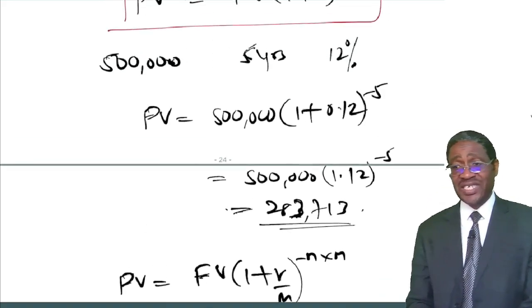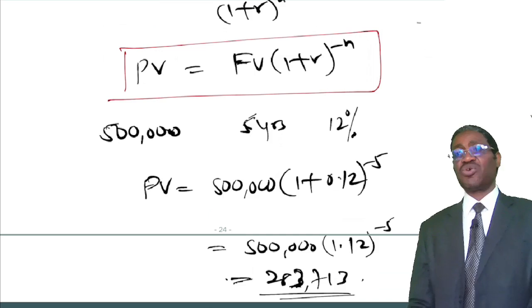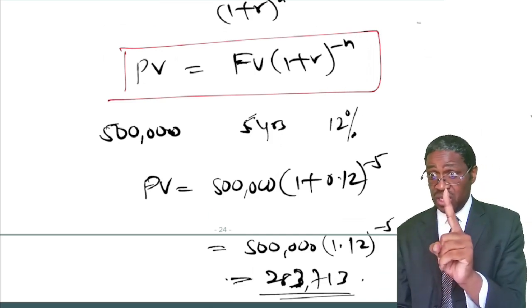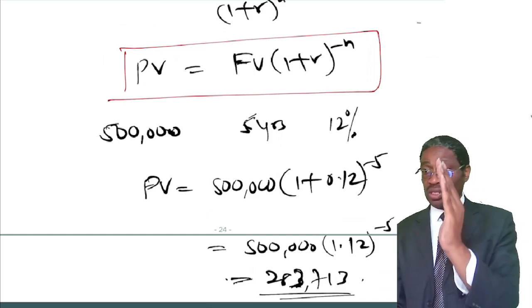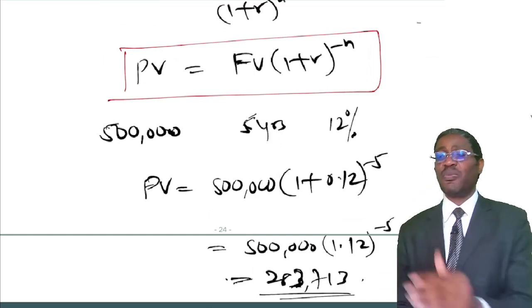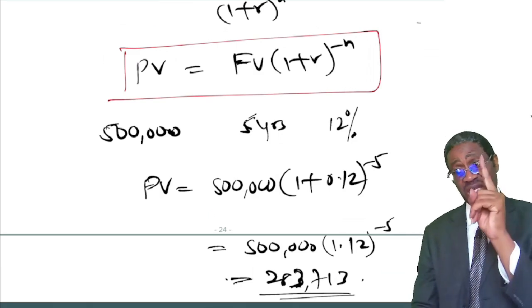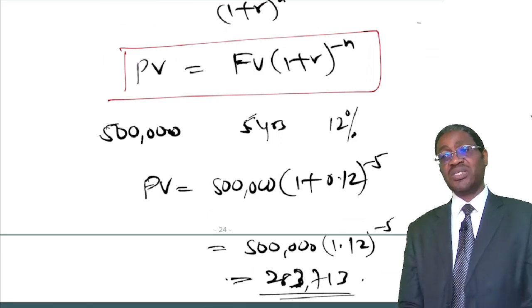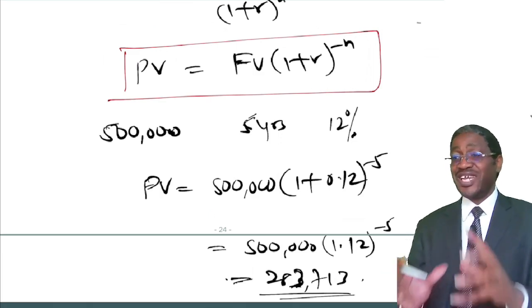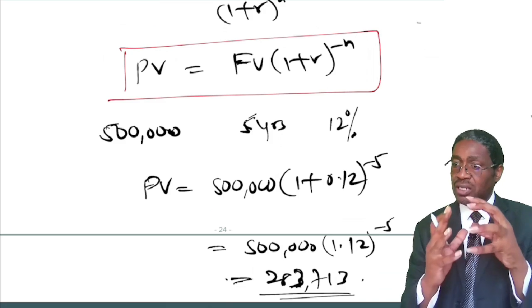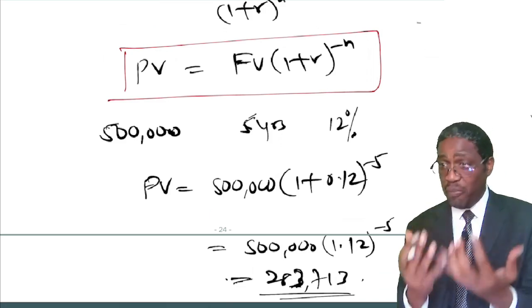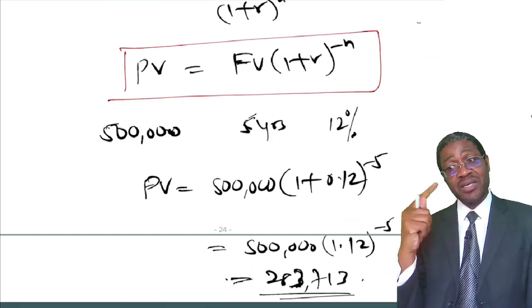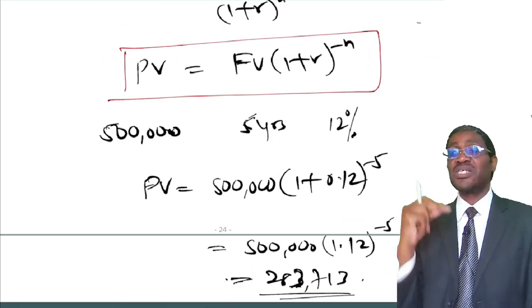I've just converted this by dividing r by m. The formula was FV into 1 plus r to the power of negative n. But now if compounding is done more than once, you get the rate per period of compounding. If compounding is done twice, you divide r by 2 to get the rate per 6 months.